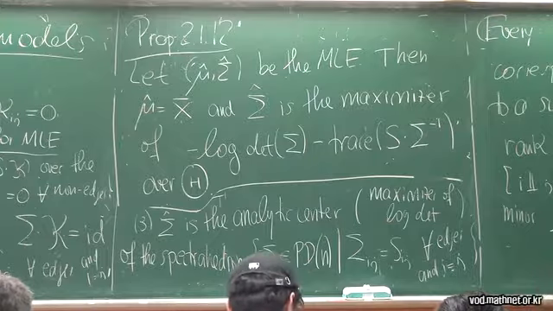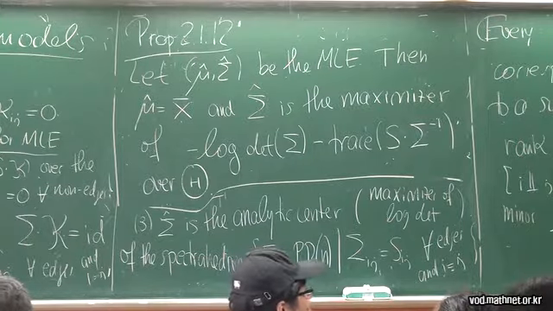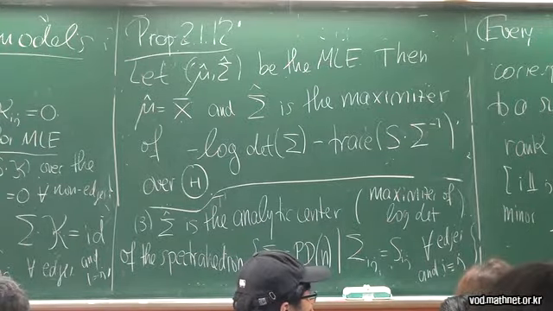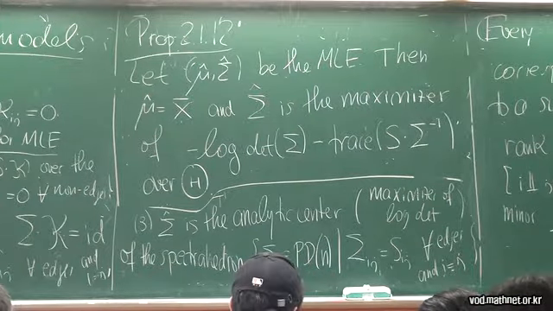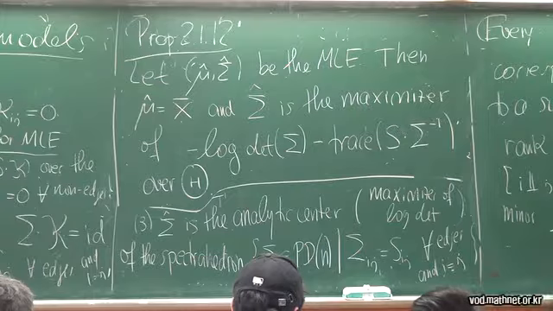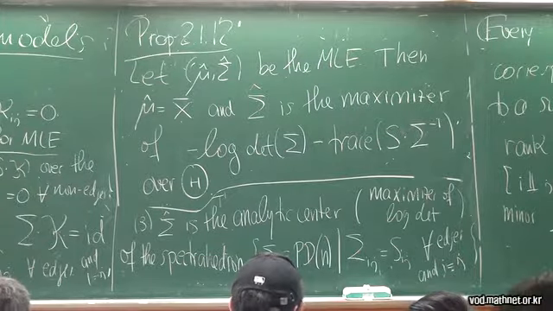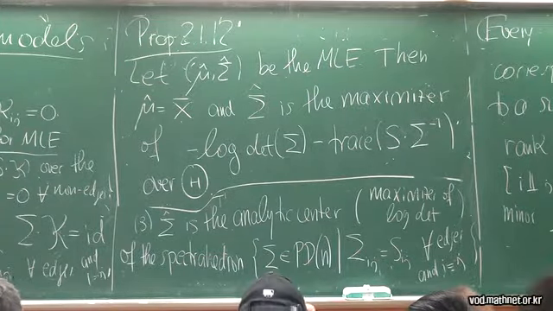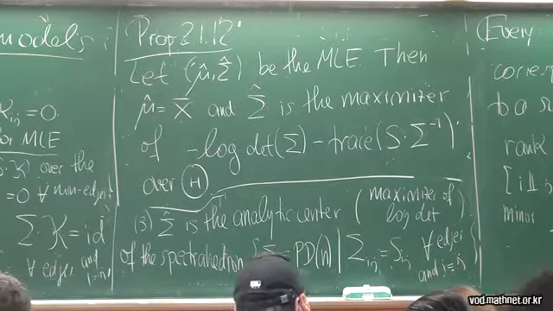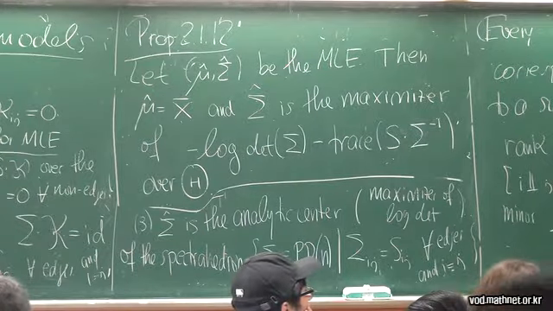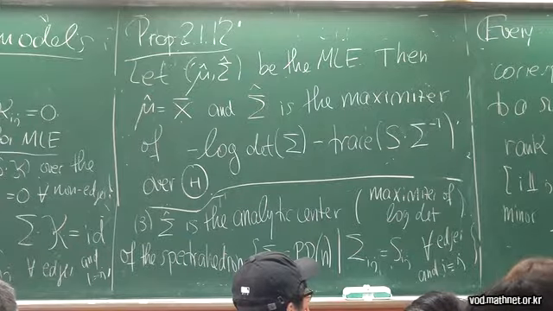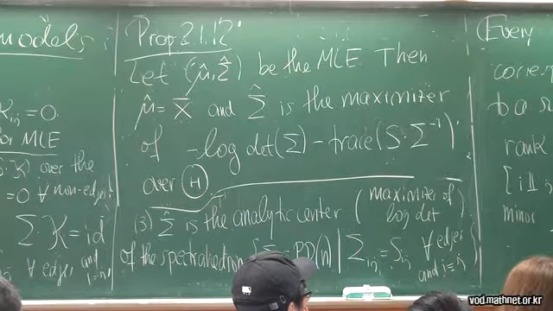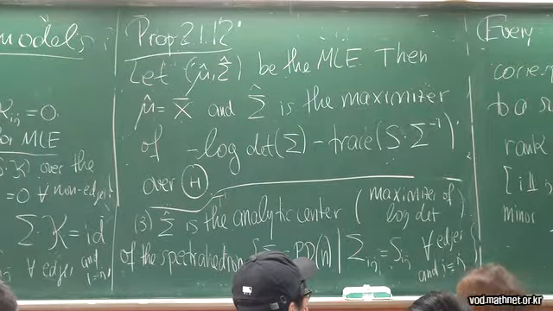A spectrahedron, as you may recall, is a linear space worth of positive definite n by n matrices. In the interior of this convex body, the determinant is a strictly positive number. On the boundary, it's 0. Log det is a concave function, so it has a unique maximum, and that's the analytic center.